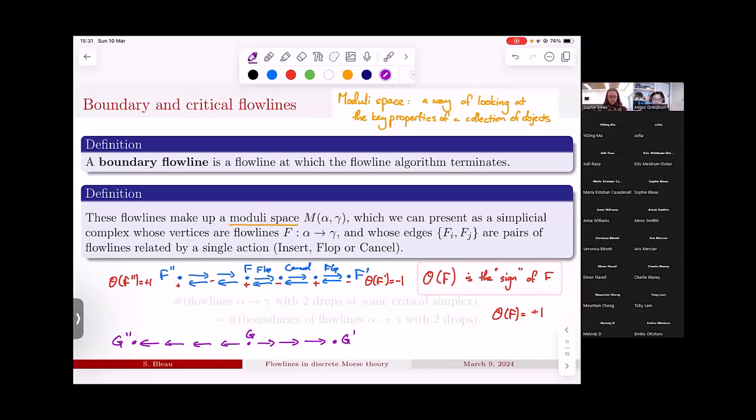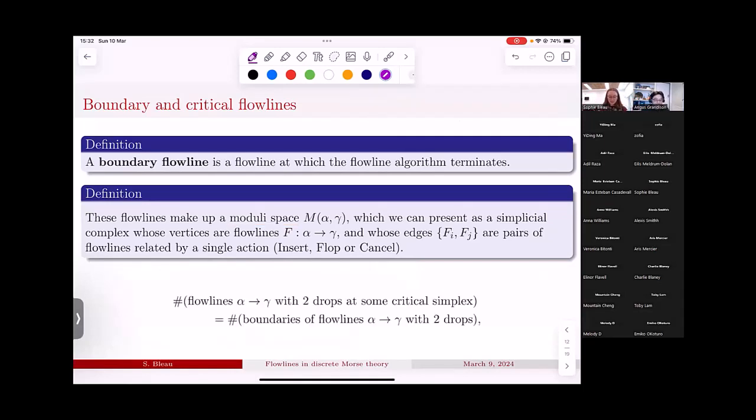So every instance of flow lines will be surrounded by two boundary flow lines. And in particular, these boundary flow lines are indeed critical flow lines. They have to be flow lines where you're double dropping at a critical simplex.